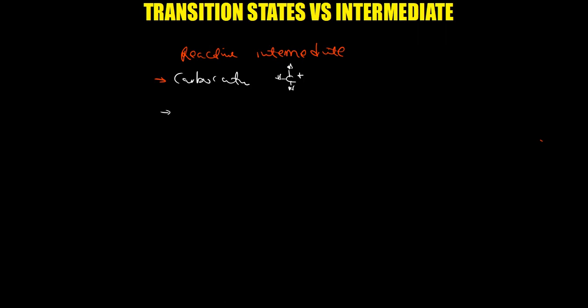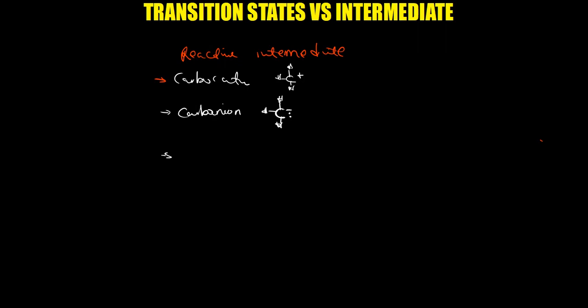The other reactive intermediate is the carbanion. A carbanion is a species in which carbon is negatively charged. Once it's negative, it has gained some electrons. I can put some hydrogen just in general, and they will also have some stability.